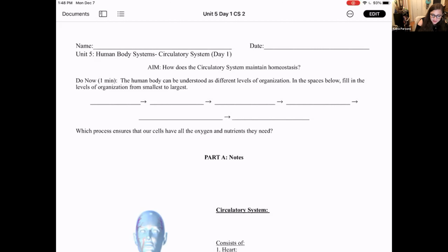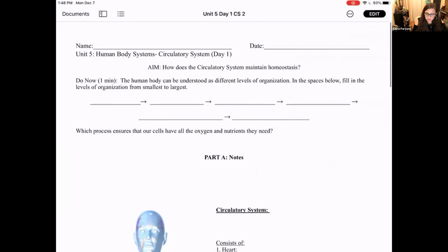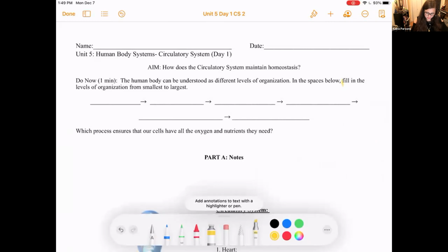So hopefully when you see circulatory system, you're already thinking that you know what that is. But just in case you don't, let's go ahead and, there we go.